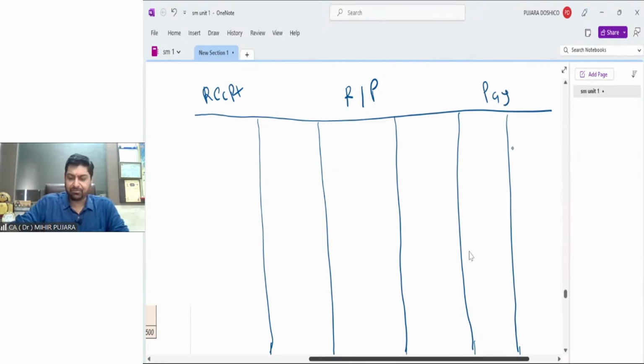In exam also, you need to make separate 2 columns. Format is done, guys.